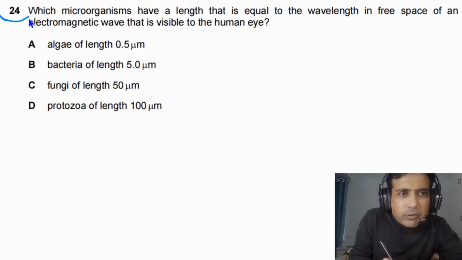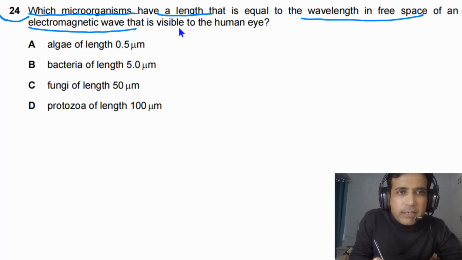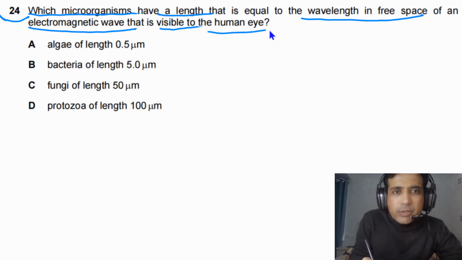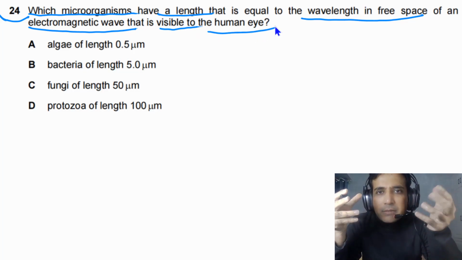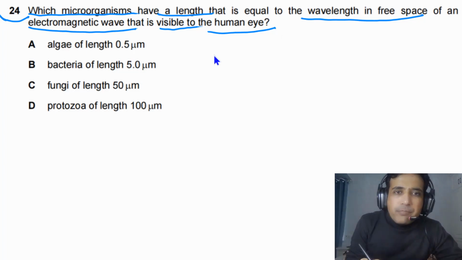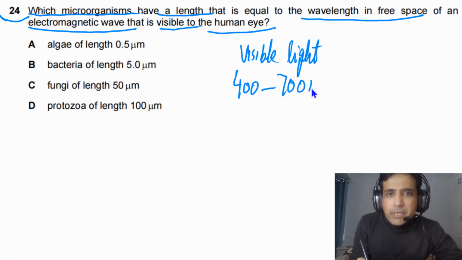For question number 24, we need to find out which organisms have a length that is equal to the wavelength in free space of an electromagnetic wave that is visible to the human eyes. So this question is simply about visible light, the wavelength of visible light. And wavelength of visible light is about 400 nanometer to 700 nanometer.